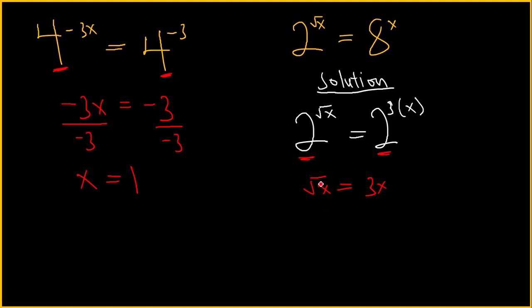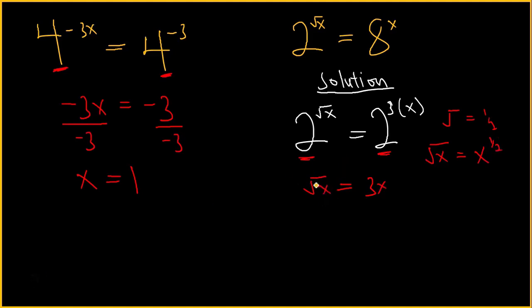Now square root of x is equal to 3x, and if you would remember from the fractional index that square root means half, so square root of x is the same thing as x to the power half.